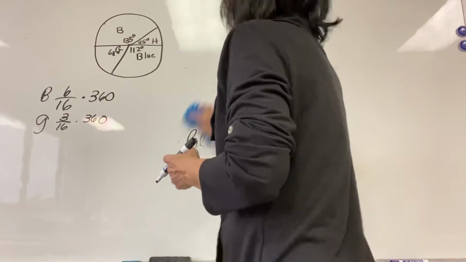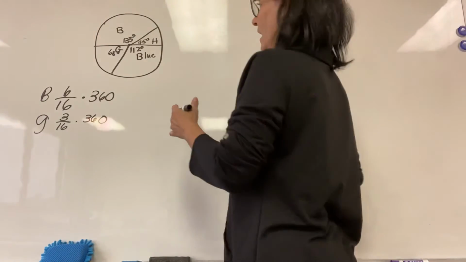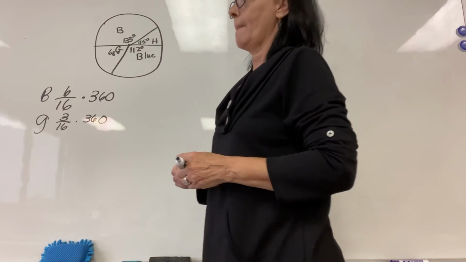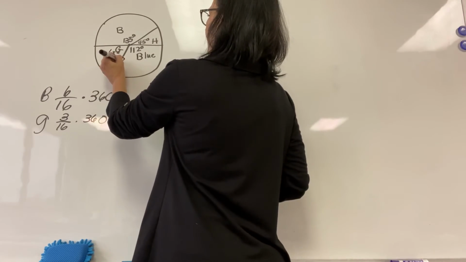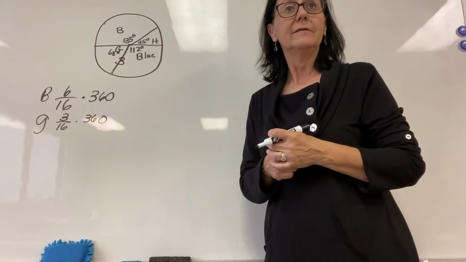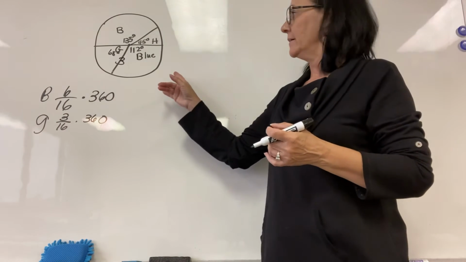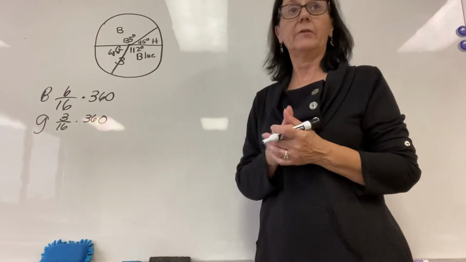So, now if we decided, what do you want a radius to be? 3. All right, so a radius is 3. What area of this pie graph makes up the blue?